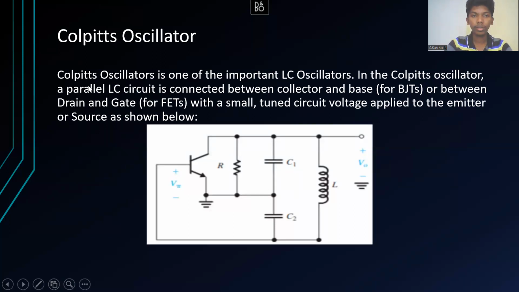So we'll read about it. In the Colpitts oscillator, a parallel LC circuit is connected between collector and base, or between drain and gate. So if you're using a BJT, it's going to be between collector and base, and for an FET, it's going to be drain and gate, with a small tuned circuit voltage applied in the emitter or source as shown below.